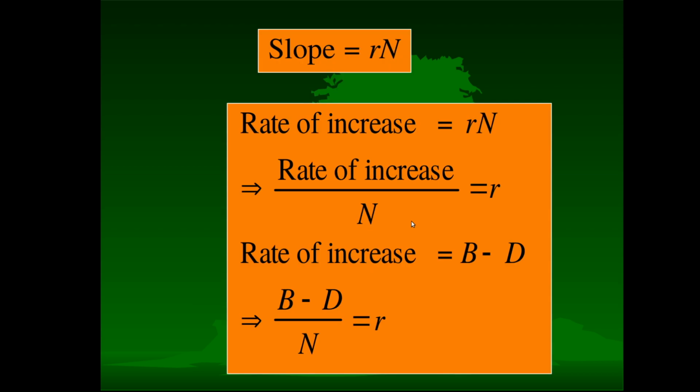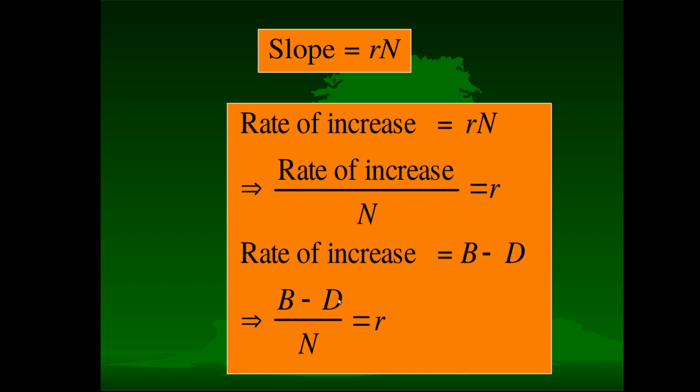B is the total number of births, and D is the total number of deaths in the population in a small time interval. But this is equal to little r times n, which means that little r is equal to the birth rate minus the death rate, all divided by n.